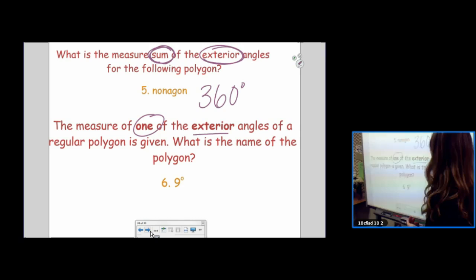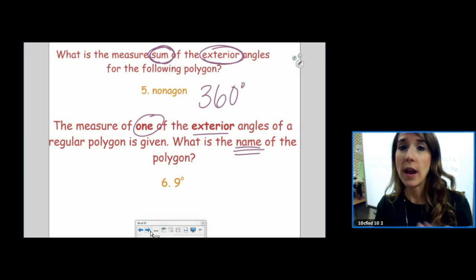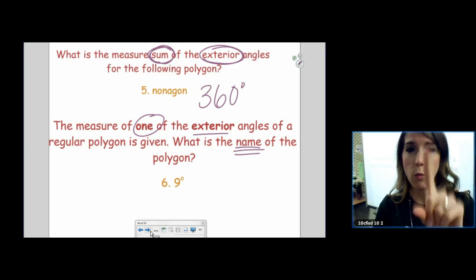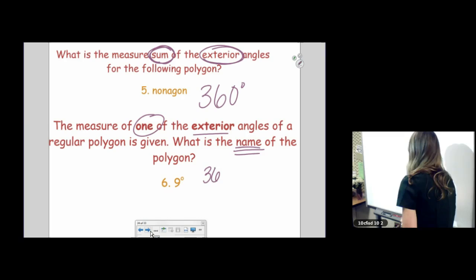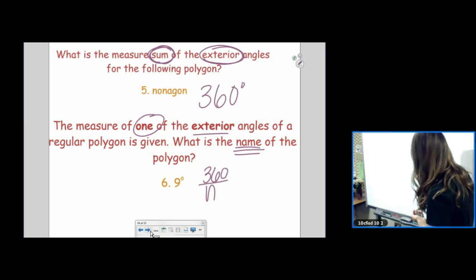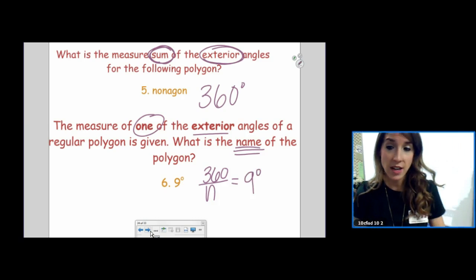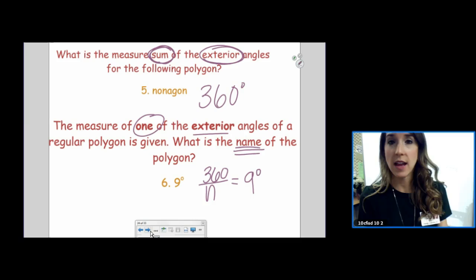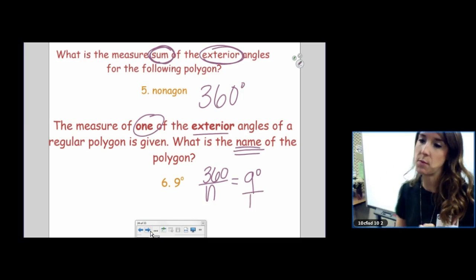Okay. The measure of one exterior angle is given. What is the name of the polygon? So you always go and you grab a formula. If it's 1 in its exterior, the formula is 360 divided by n. And I know the answer to that problem. I know that that formula equals 9 degrees. So I just need to solve for n. The best way you can do this is put this over 1 and cross multiply.